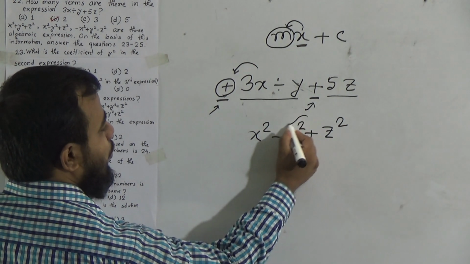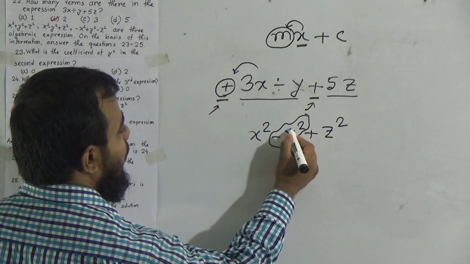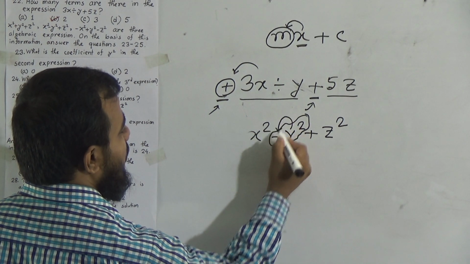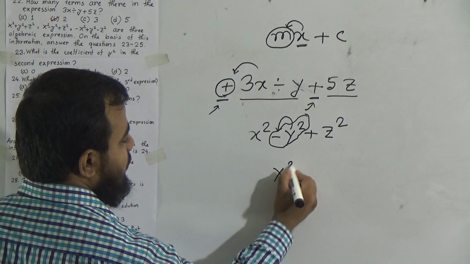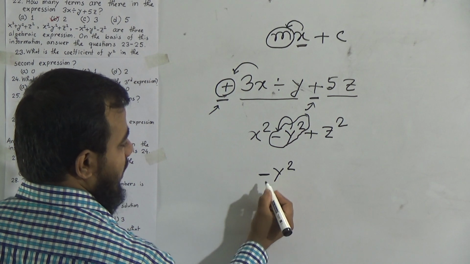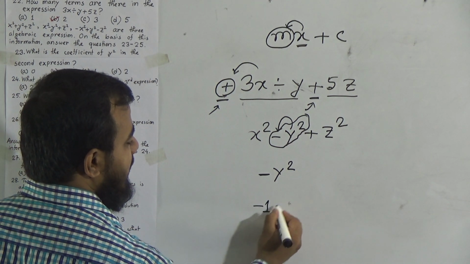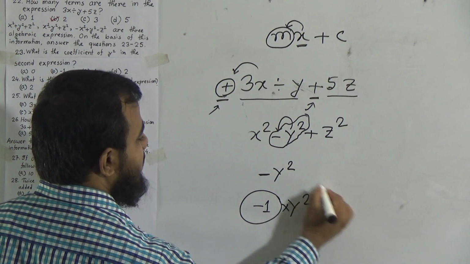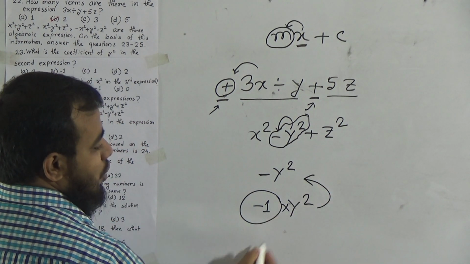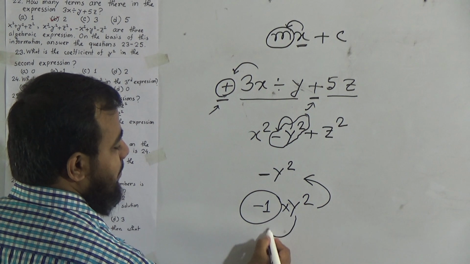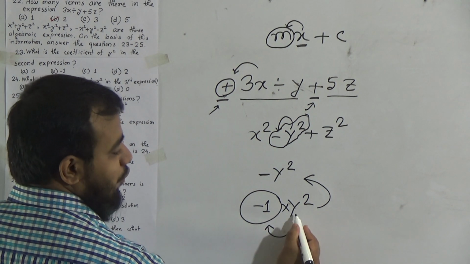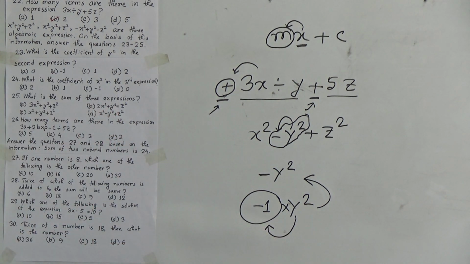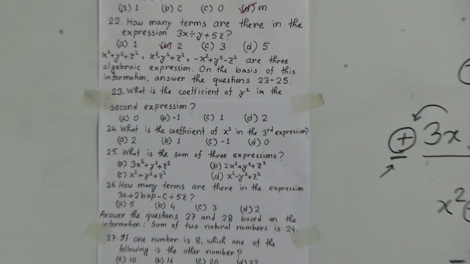What is multiplied with y square? Y square has a minus sign, so minus 1 is multiplied with y square, then we get minus y square. So the coefficient of y square is minus 1. The answer will be minus 1 for number 23.